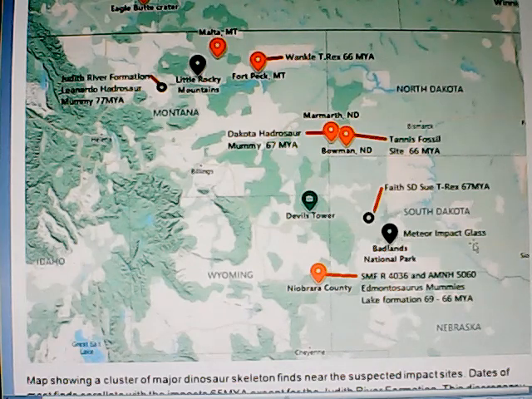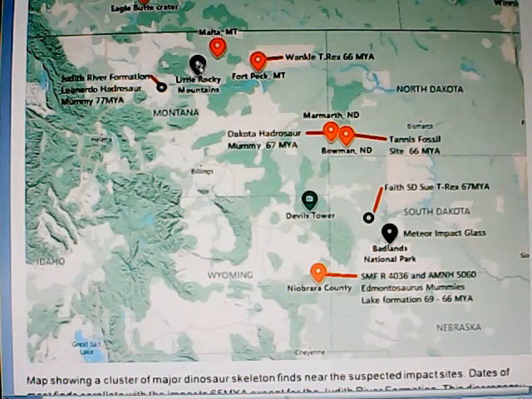Badlands National Park, where I believe we found meteor impact last. And then these are two hadrosaurs that were mummified in the lake formation between 69 and 66 million years ago.